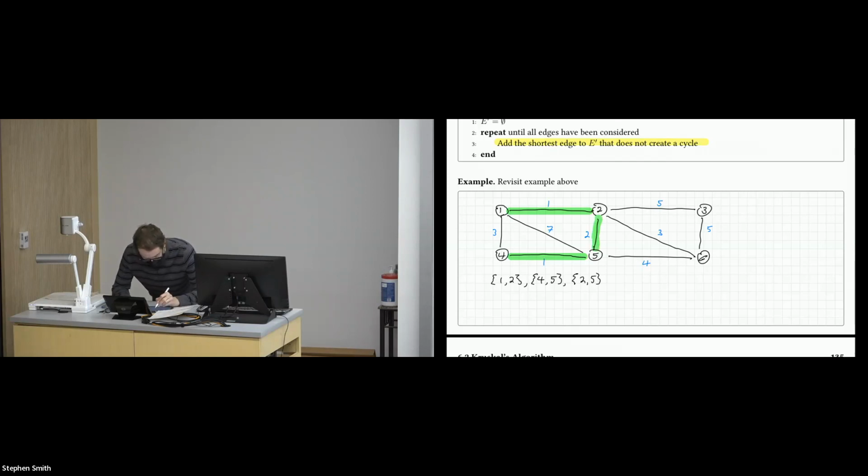Now I have the edge of length 3, 2, 6, I guess. Again, add it. Next, I also have another edge of length 3, which is 1, 4, but that would create a cycle, right? So I don't add. I'll just put a little X above it to say no adding. Then edges of length 4, we have 5, 6.